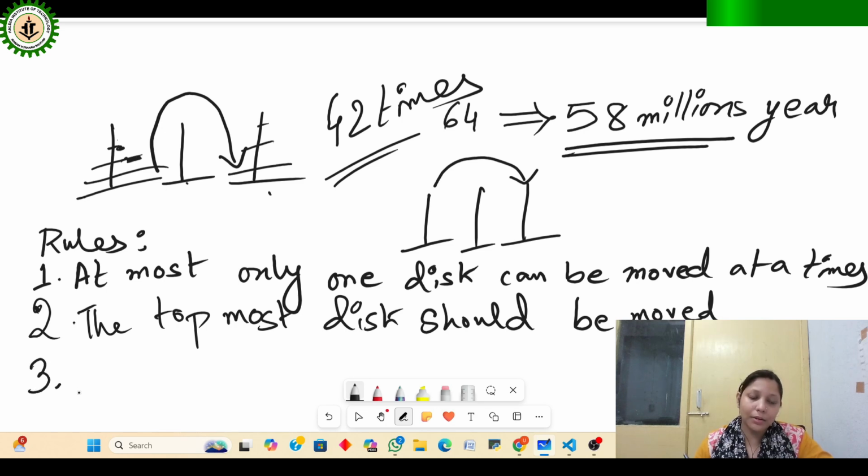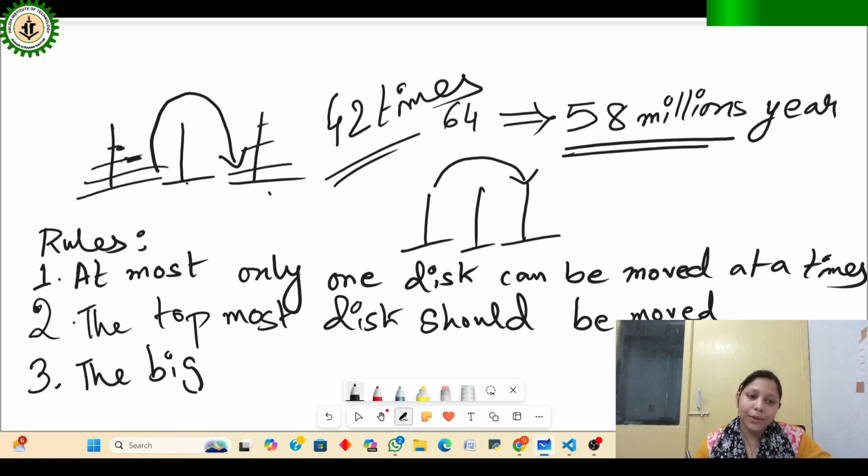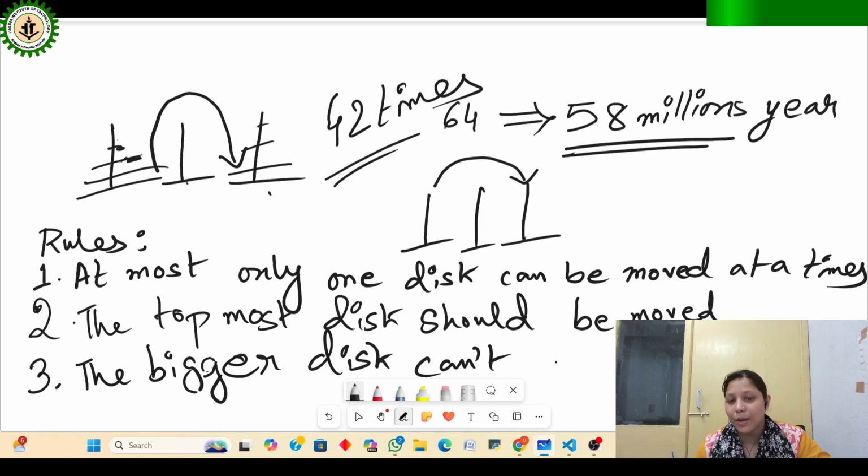And the third and the most important thing: a bigger disk can't be placed over a smaller one.